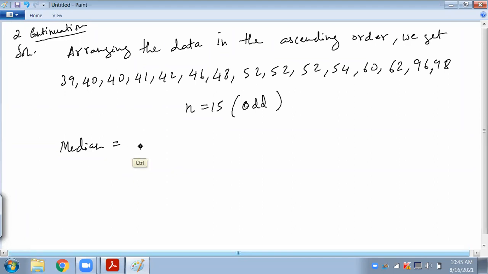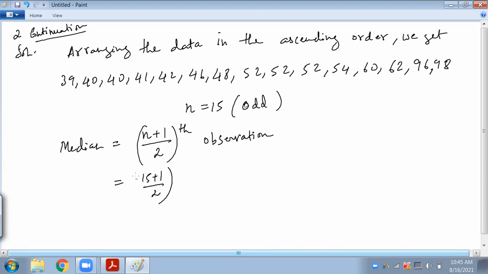When it is odd, the median is (n plus 1) by 2 observation. So n is how much? 15. So 15 plus 1 by 2 observation.